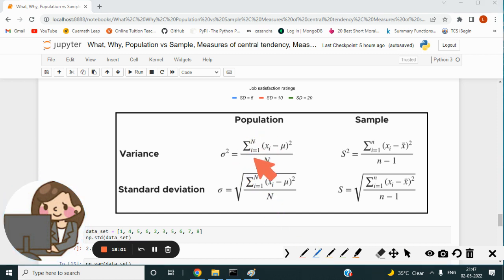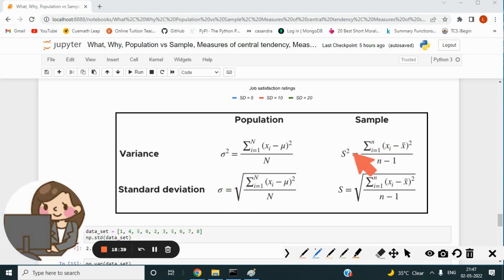In case of population data, we take everything with respect to the population. Here xi is one individual data point, minus mu, that is the average. We calculate the deviation of a value from its average, find the square of it, then divide by n, the number of data points in that population. That is xi minus mu, squared, divided by n. This is variance, and standard deviation is just the square root of it.